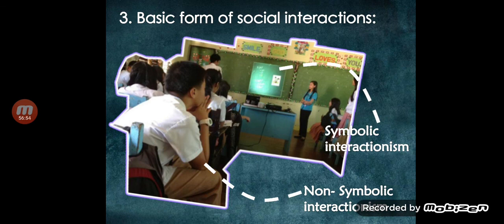So meaning, your view here is considered relativistic. I repeat, relativistic point of view. That means each one of us can see a different object with different meaning for different individuals.